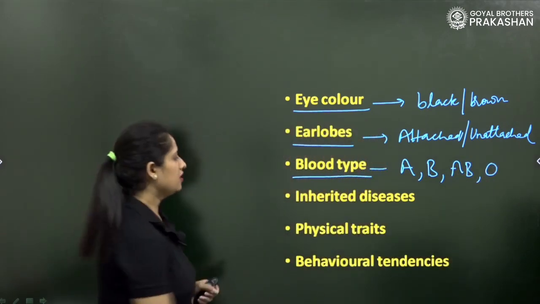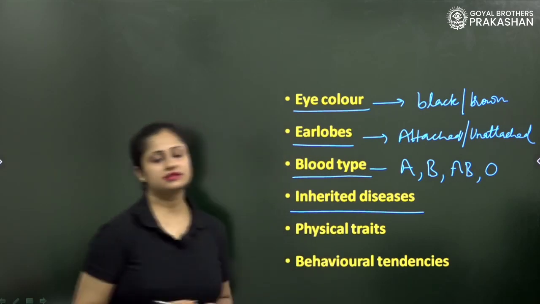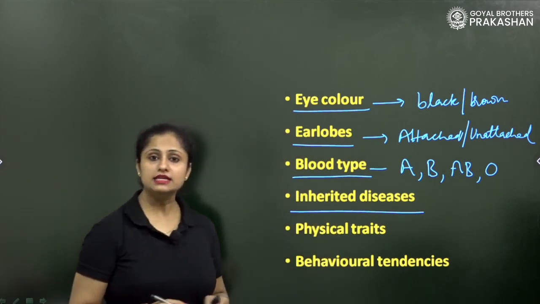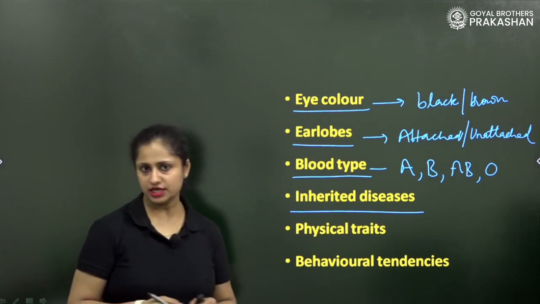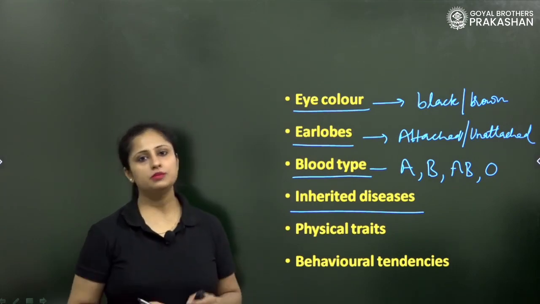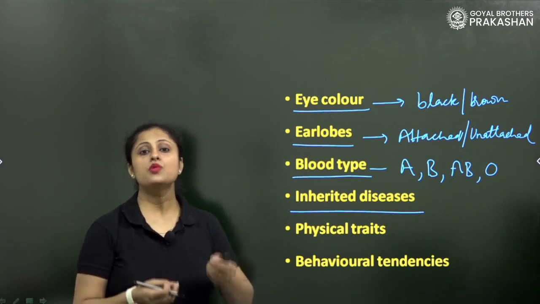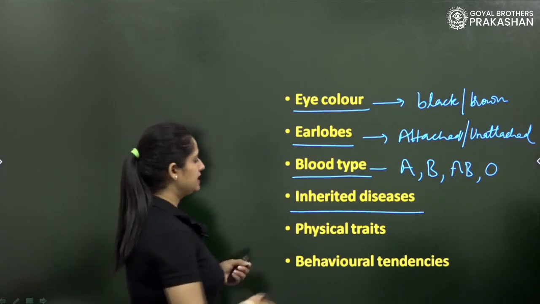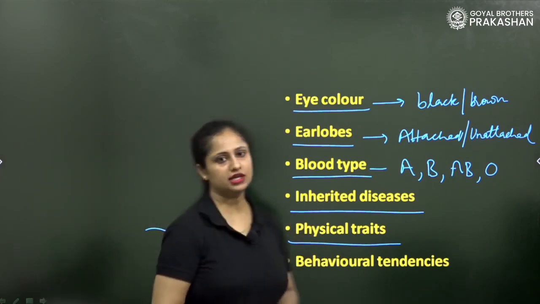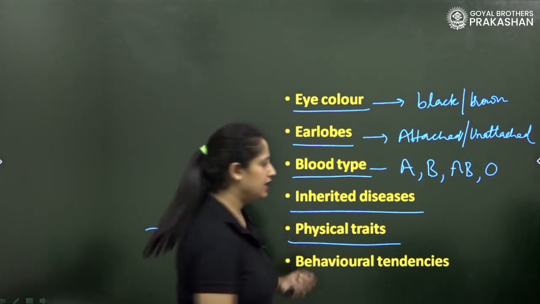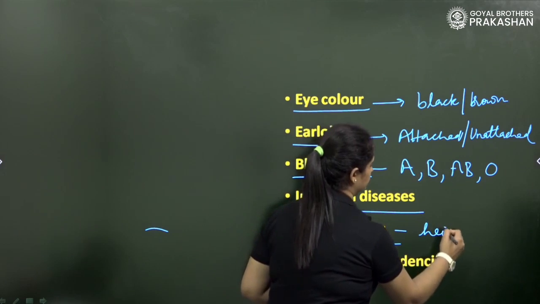Now, if I talk about inherited diseases, there are some inherited diseases which pass on from the parents to their next generation. For example, thalassemia. Another example is hemophilia. Let's see the next example, physical traits. Physical traits include characteristics like height.